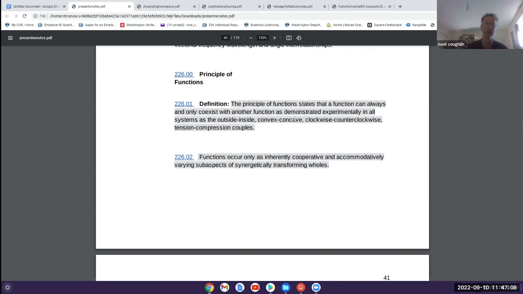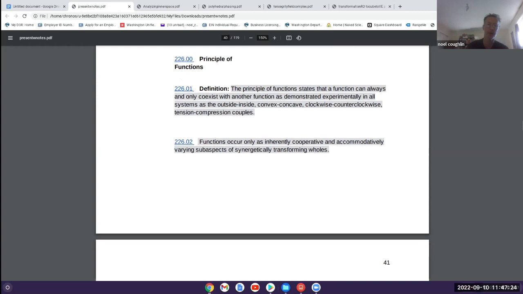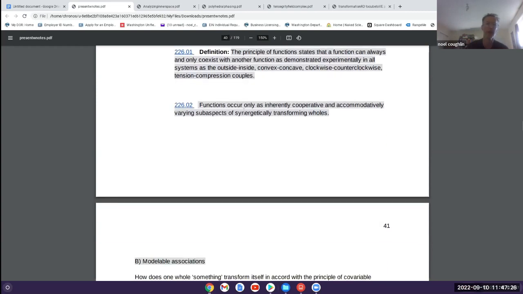The principle of function states that a function can always and only coexist with another function, co-functions, and demonstrated experimentally as the outside-inside, convex-concave, clockwise, counterclockwise, tension, compression couples. Functions occur only as inherently cooperative and accommodatively varying sub-aspects of synergetically transforming wholes.